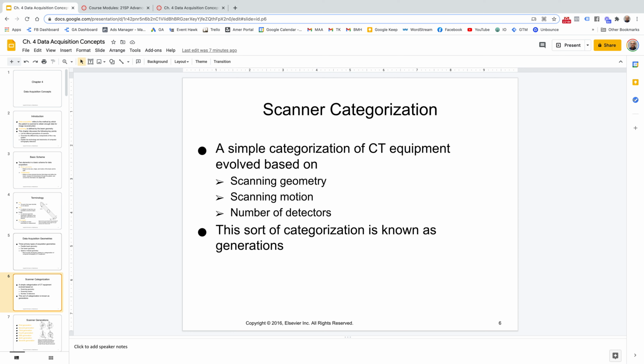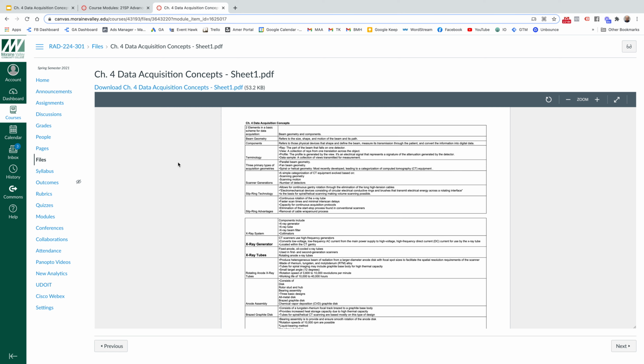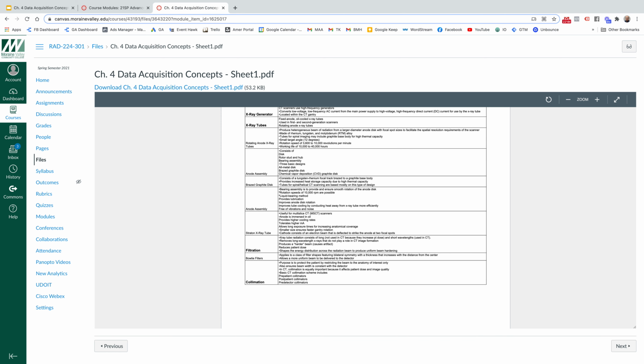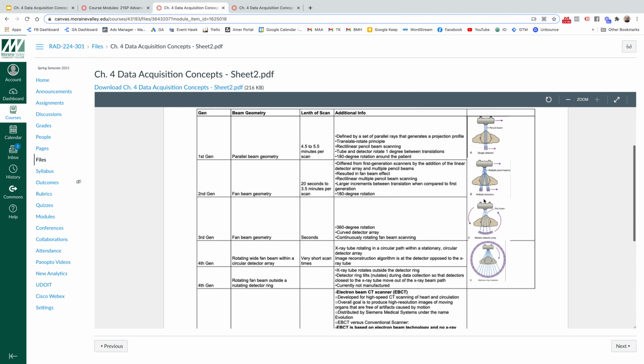So generations are defined by the way it's scanning, the motion of the scan, and the number of detectors. Here are all the different generations, 1st through 7th, and this sheet here was a lifesaver for me. When I went to school, I made something like this because I just did not get it.